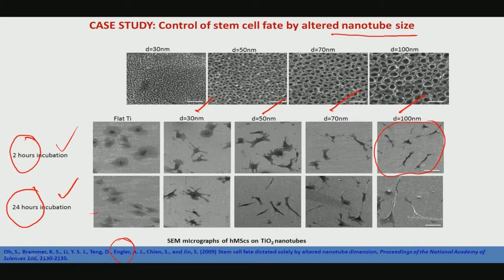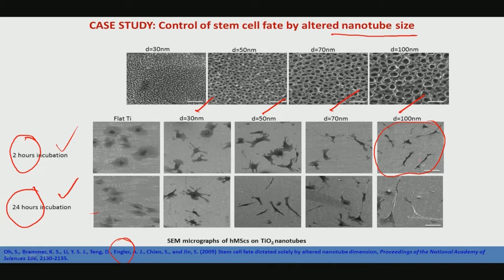Now, fewer cells will be attached. So, each of the cells will have much more space on this particular substrate to alter their morphology, so that kind of scenario will allow the stem cells to maximize their morphological changes.